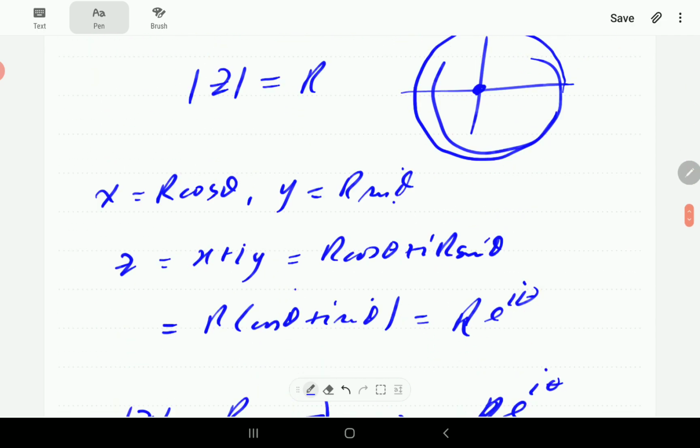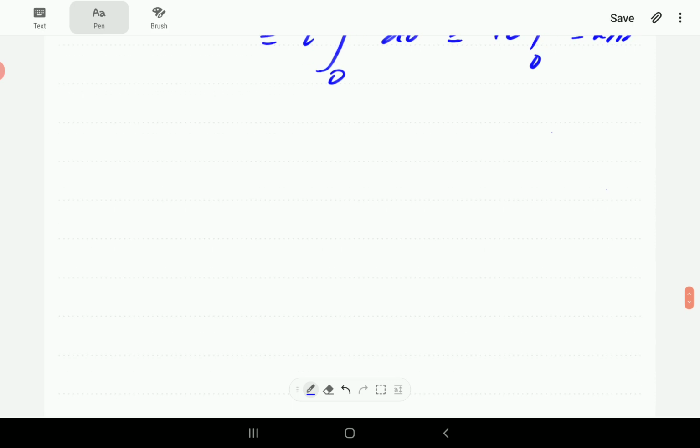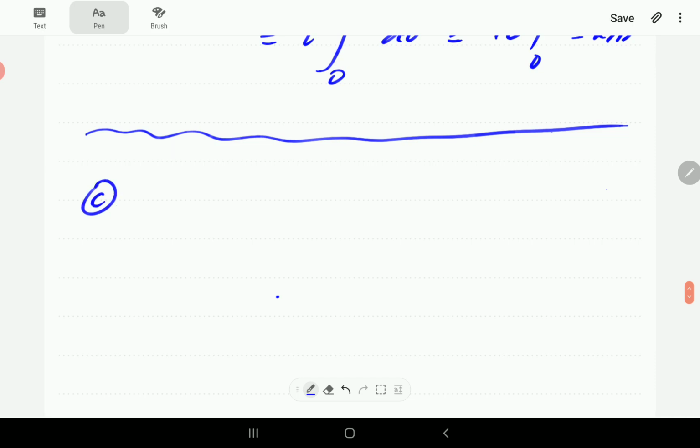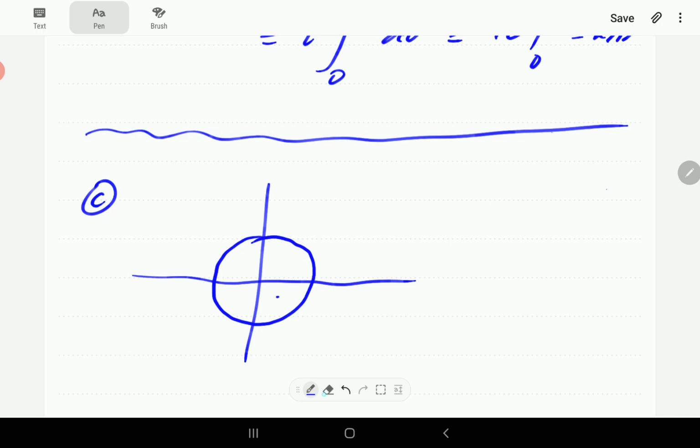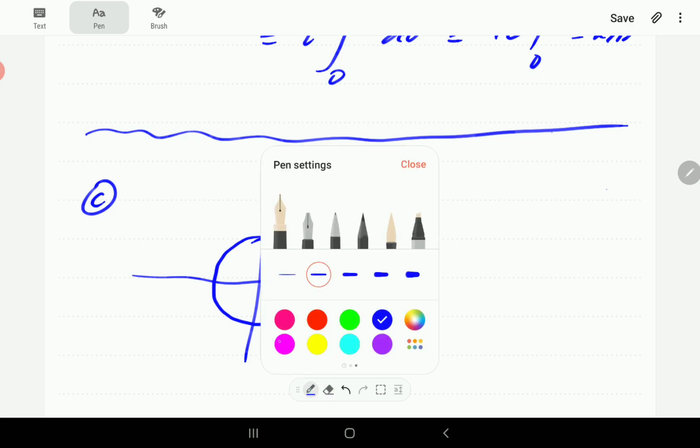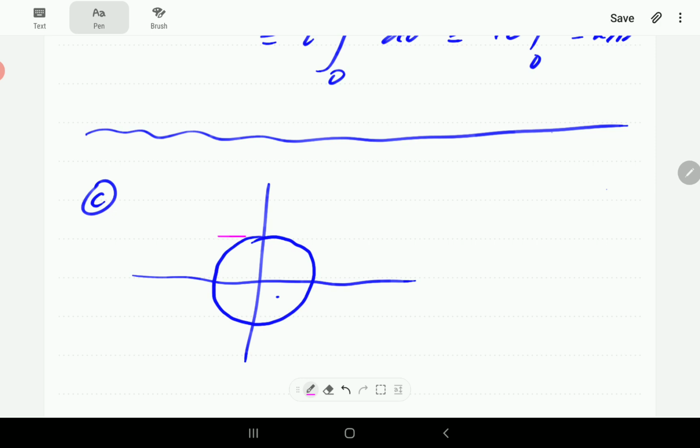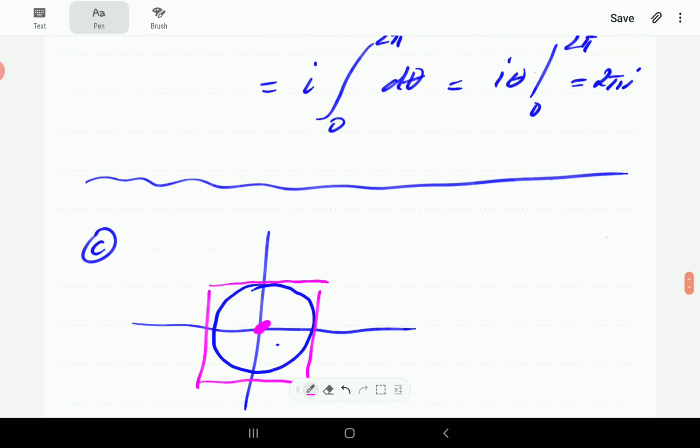Now, of course, according to the independence of path, we can change the contour so long as it's still containing that singularity, and it should give us exactly the same answer.